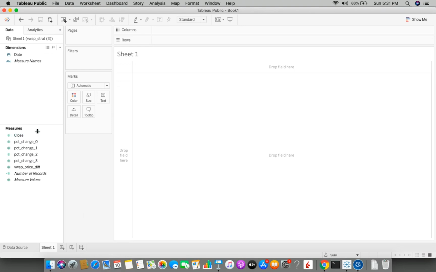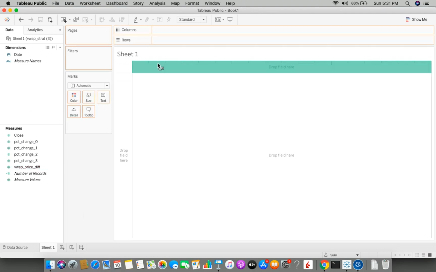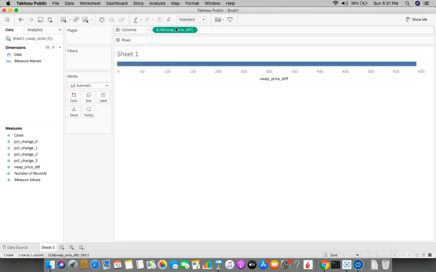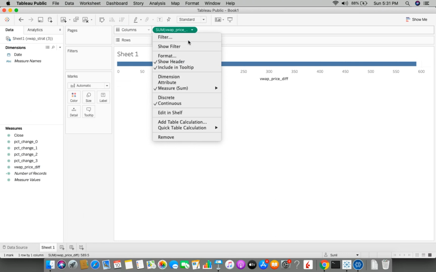What I will do is try to correlate VWAP price difference and price change. Price change is what I'm more interested in, the price change for tomorrow. So I will drag and drop VWAP price difference here.